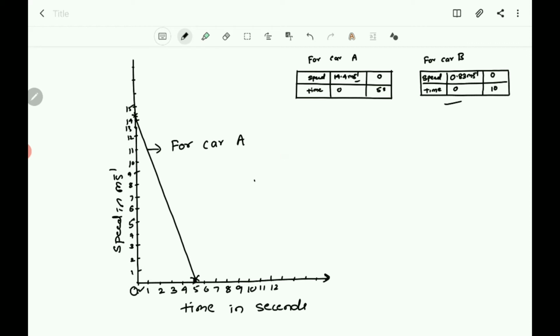So you take that here. And when the time is 10 seconds, it comes to rest. So here the graph will be here.